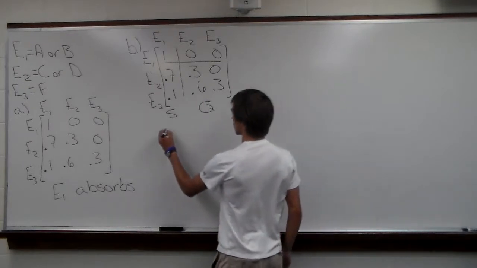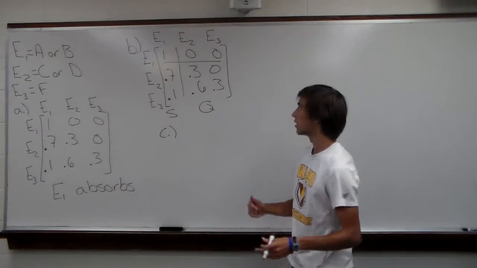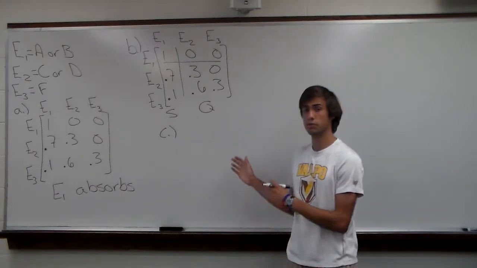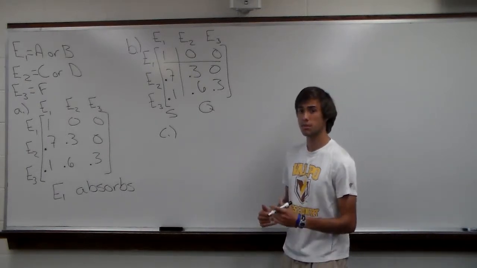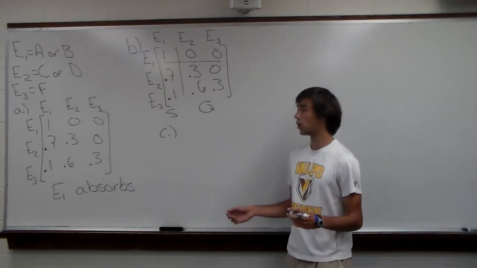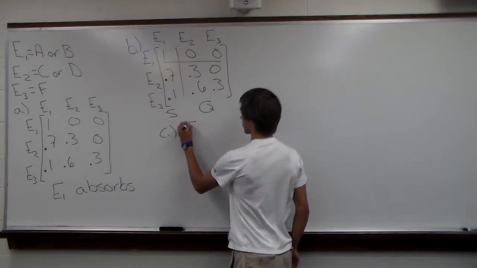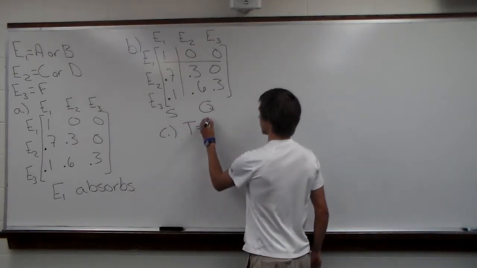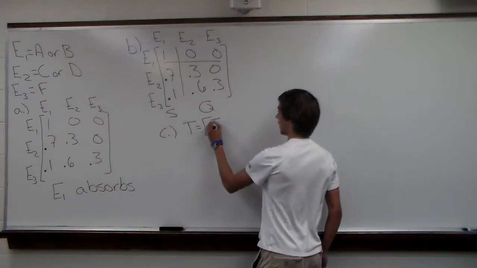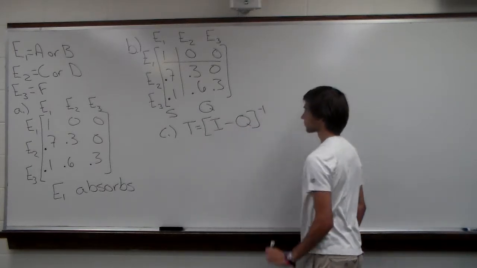Now in part C, what we need to do is find the expected number of trials before you'd be absorbed into E1. That's the expected number of drafts you would have to do before you'd expect to get an A, depending on what grade you got first. To do that, we need to find our matrix T, and T equals (I minus Q) inverse.